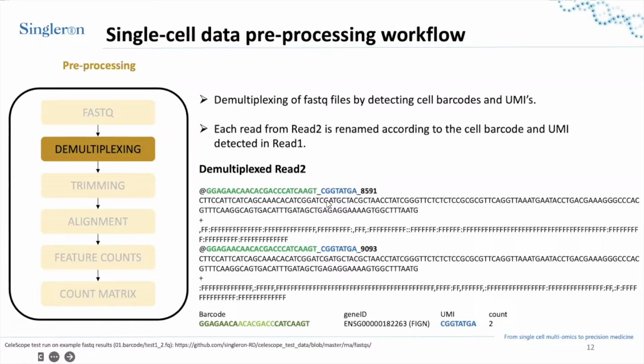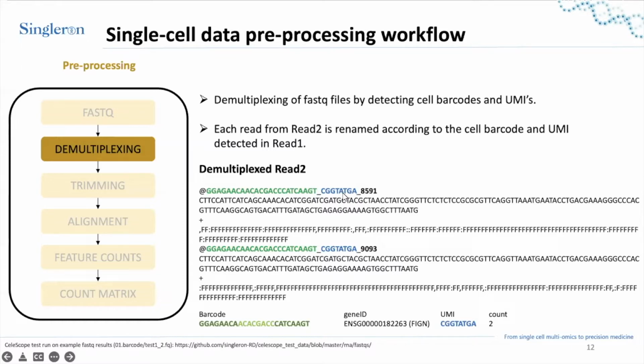So in actually both the Cellscope as well as Cell Ranger, so for those common single cell pre-processing pipelines, there are some steps to do the cell barcode correction, as well as the UMI corrections.